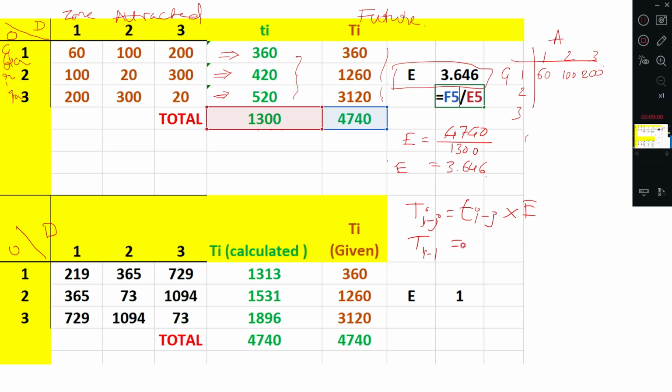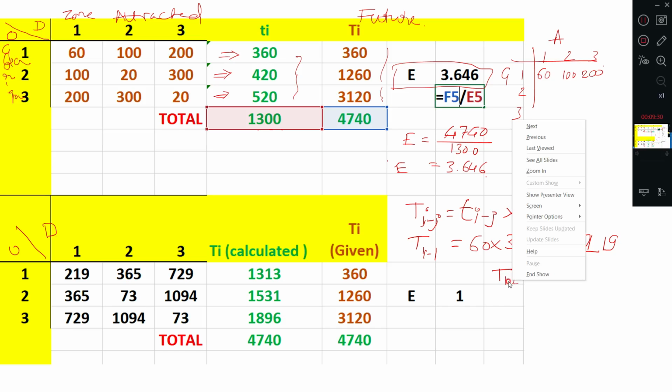Small t11 is 60. So 60 into the growth factor E, which is 3.646. You'll get somewhere around 219, right?